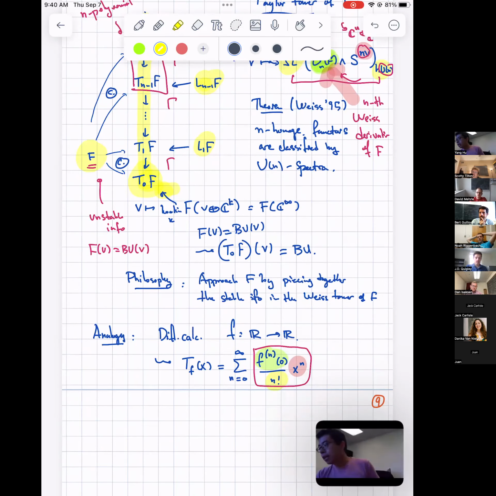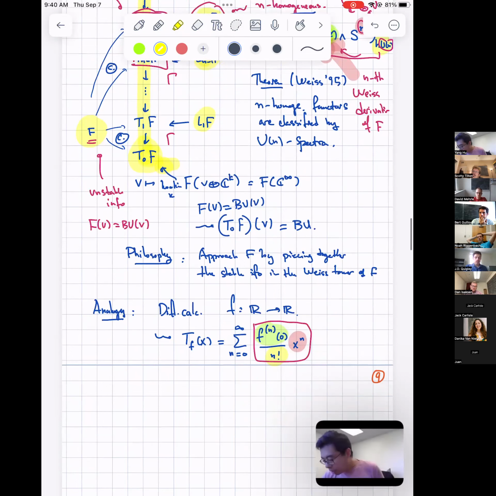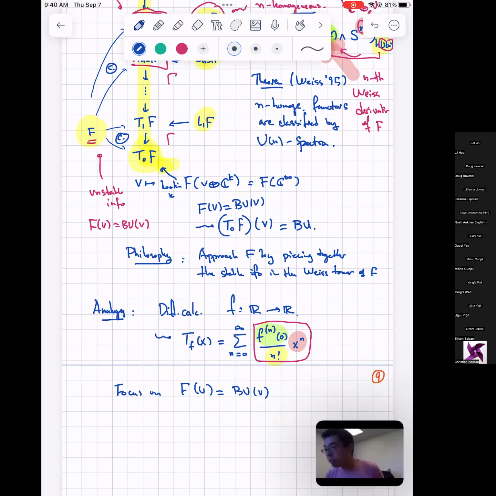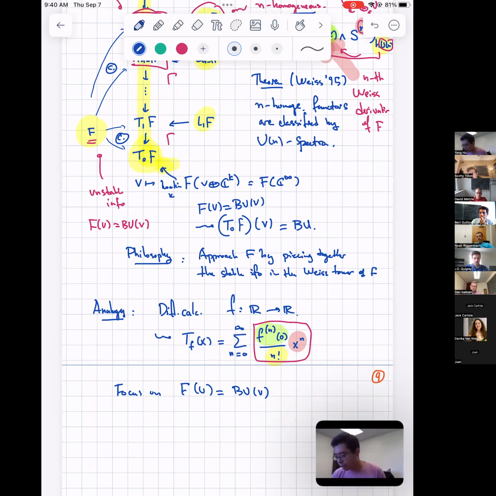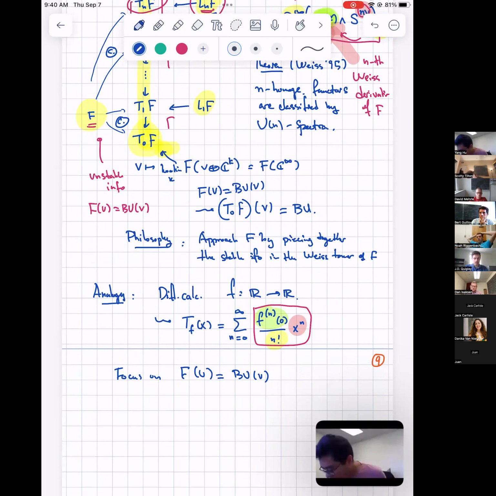Okay, so that's the setup, and now we're going to focus on the functor f sending V to BU(V). We're going to study the Weiss tower of BU(V) and gather the information of its layers. This is studied by Arone in 2002.